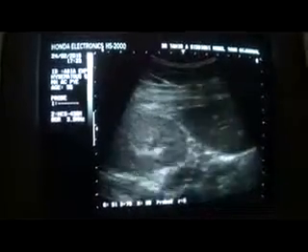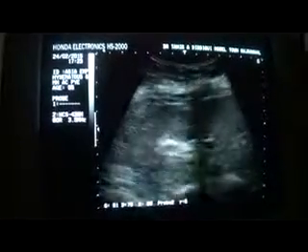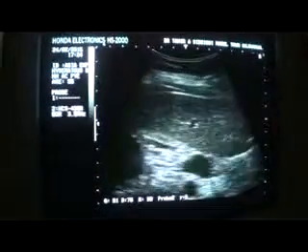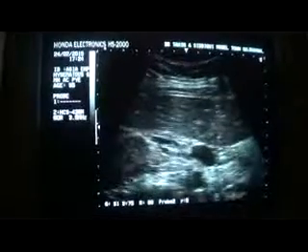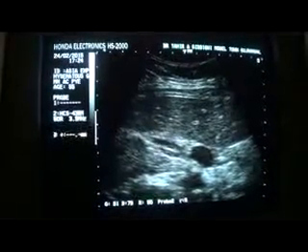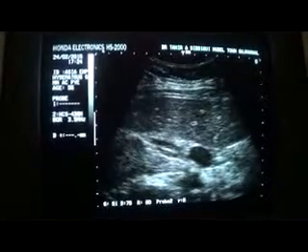This is the transverse section of the right kidney, and the hilar region is okay. The vessels are patent. You can see this is the hilar region of the kidney. You can see the right renal vein entering the IVC. You see this is the right renal artery entering the aorta.